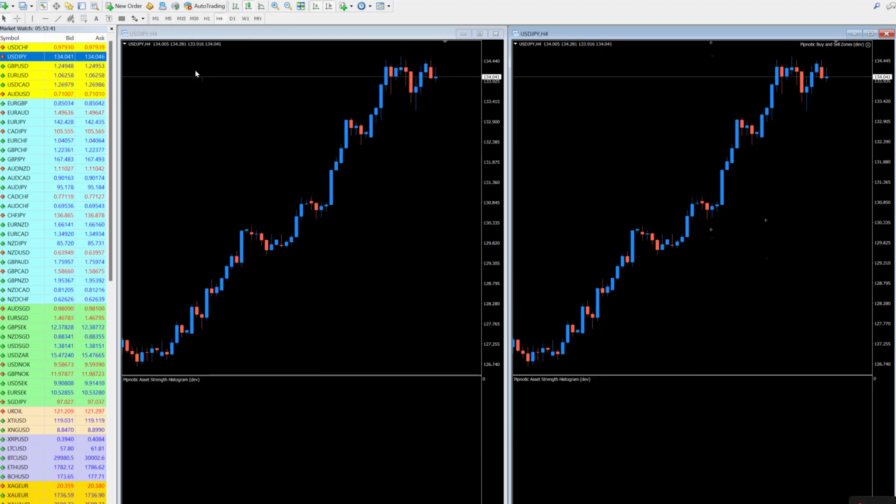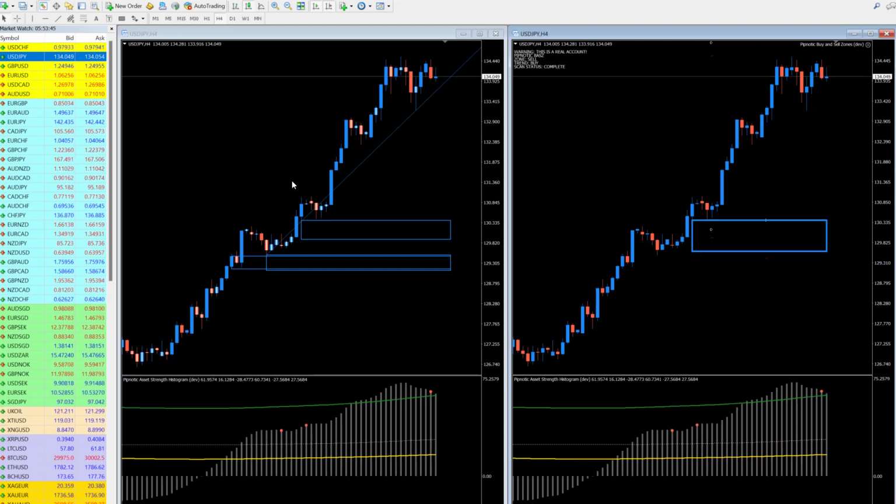And I want to see something very specific. First of all, I want to ensure that the histogram is positive, and the histogram is based on asset strength, currency strength, which is super powerful. If we are operating in positive territory below this dotted line, we have a good trend underway.